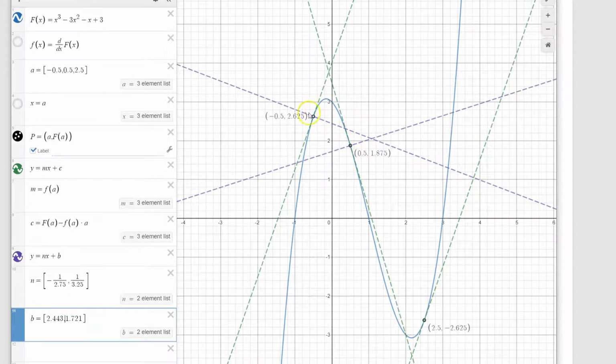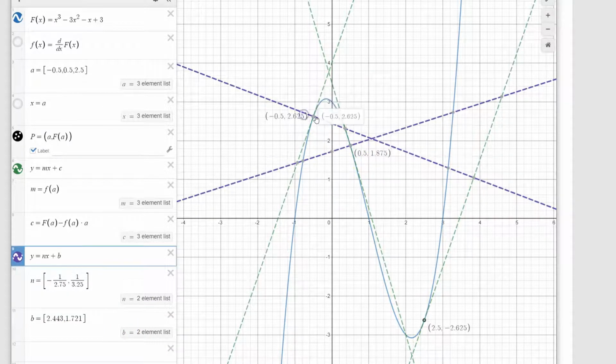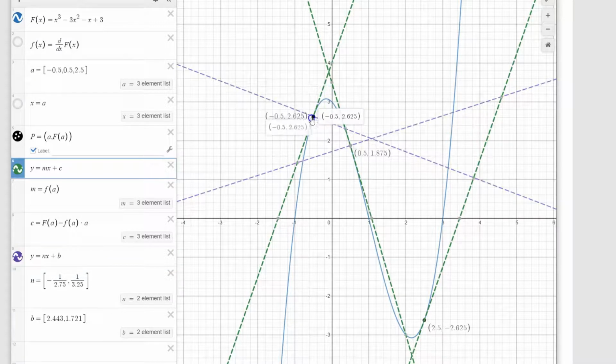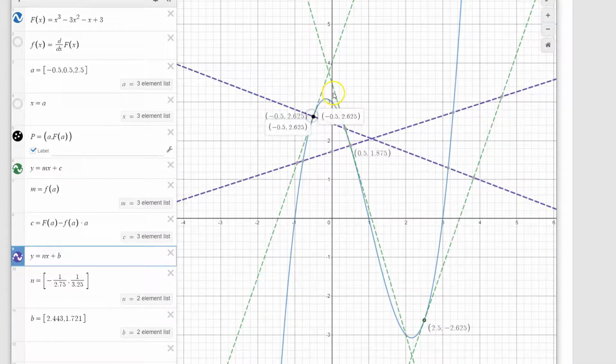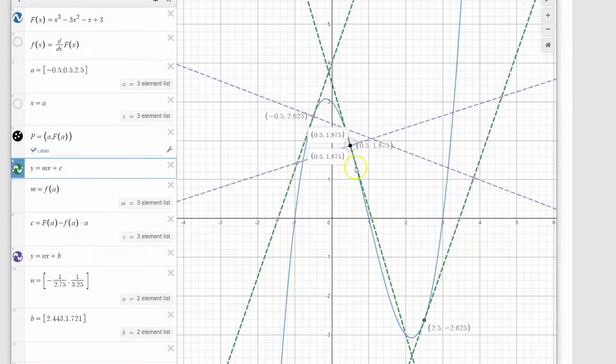So therefore the normal here cuts through the tangent at 90 degrees, and the normal over here, at this point here, cuts through our tangent at 90 degrees as well. So the calculation seems to be correct. Now we just need to find this last normal, and then we are done and dusted with this question.